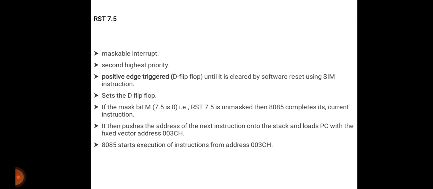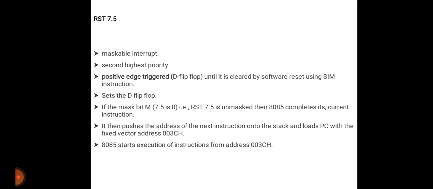If the mask bit M7.5 is 0, that is, RST 7.5 is unmasked, then the 8085 completes its current instruction. Also, it pushes the address of the next instruction onto the stack and loads the program counter with the fixed vector address, that is 003CH.